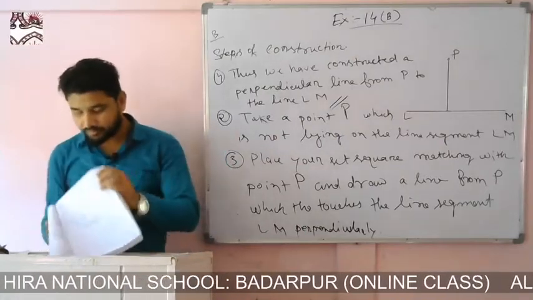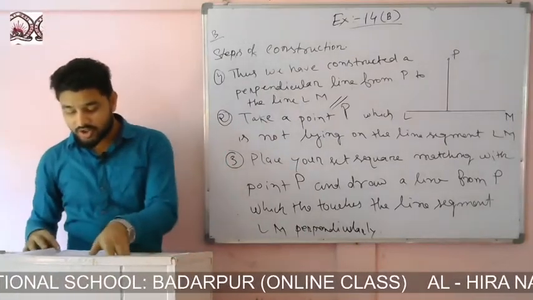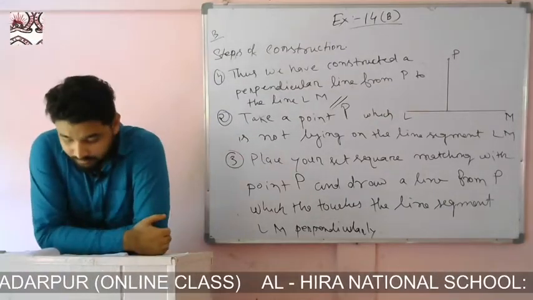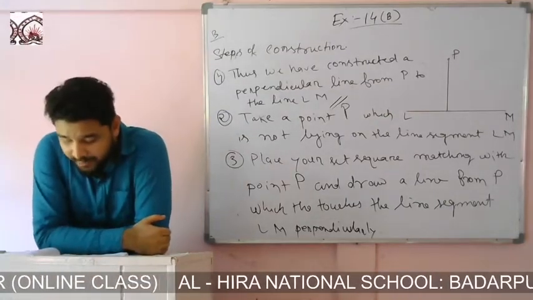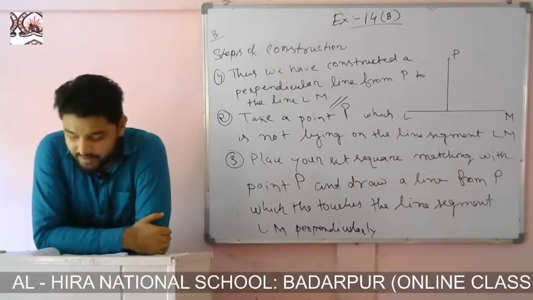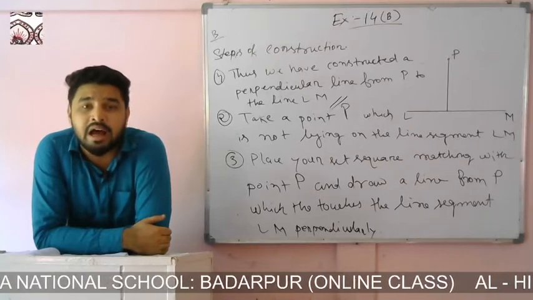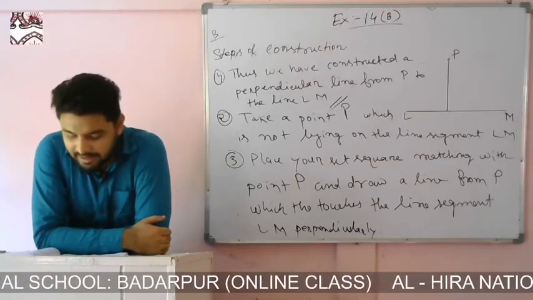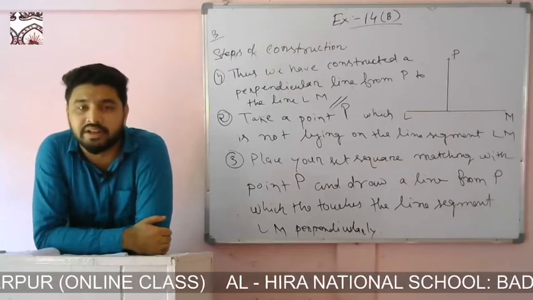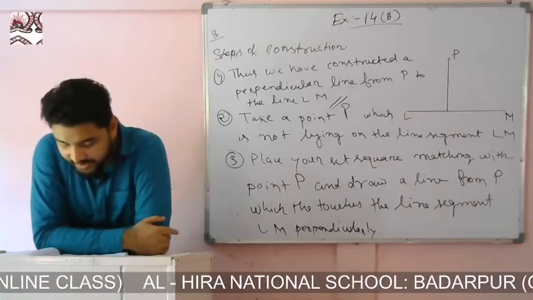Now come to question number 4. Using your protractor, draw angle BAC of measure 50 degrees. That means using a protractor I have to draw angle BAC measuring 50 degrees.